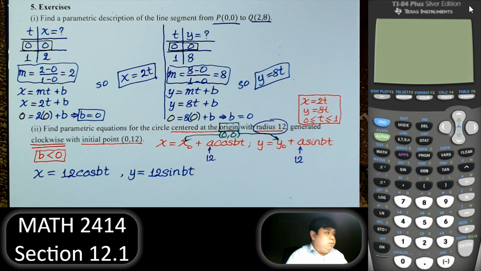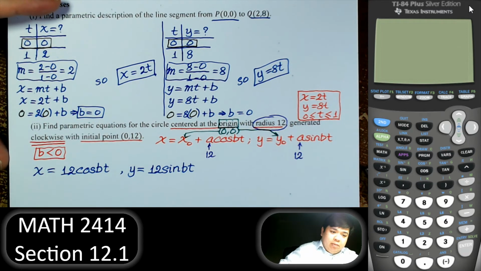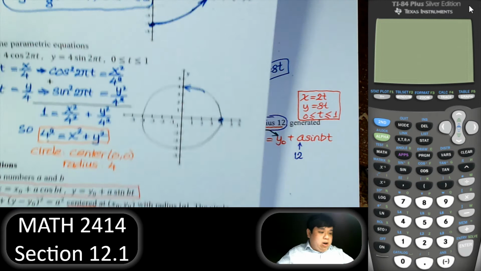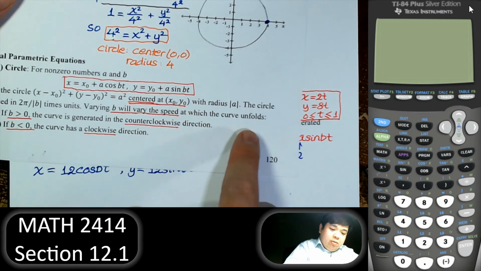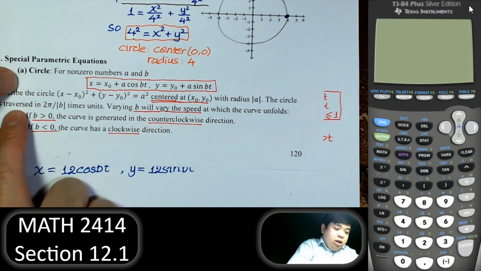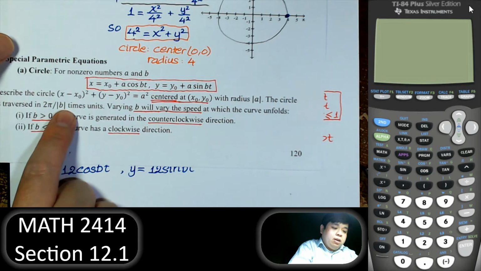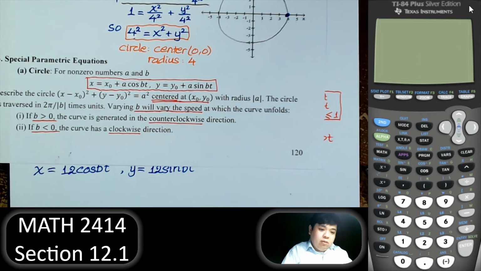So what can we see here? By the way, just write down the fact that the circle will traverse a whole circle 2 pi over b times unit.